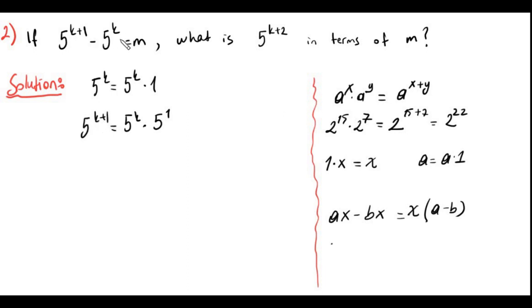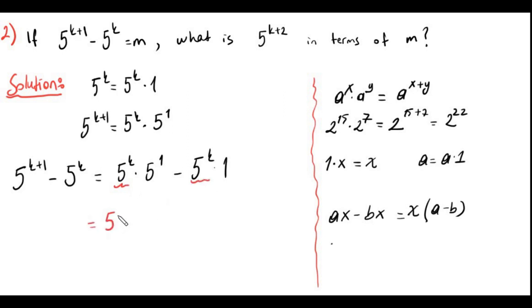So let's rewrite this example. 5 to the power of k plus 1 minus 5 to the power of k is equal to, instead of this, I'm going to write 5 to the power of k times 5 to the power of 1 minus, instead of 5 to the power of k, I'm going to write 5 to the power of k times 1. So as you see, I have a common factor here, 5 to the power of k and 5 to the power of k.